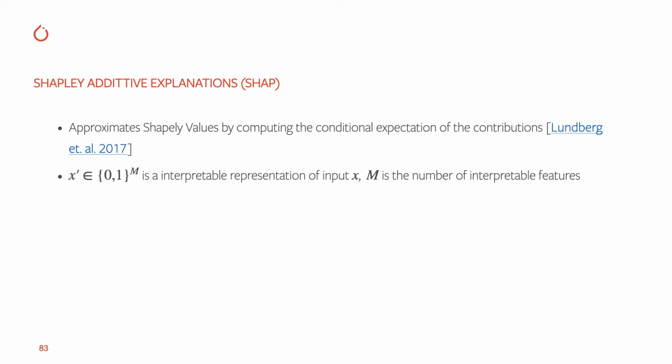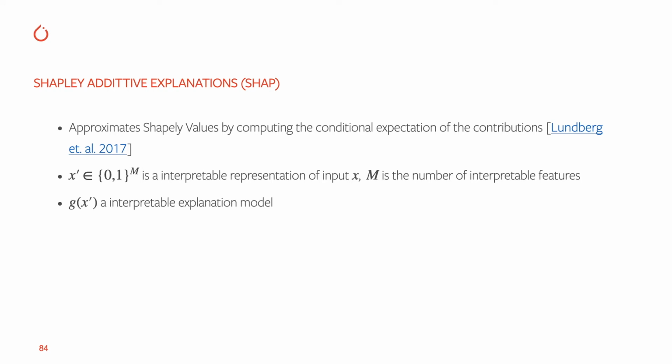So in order to understand SHAP, let's define a couple of variables that we would like to use in the explanation. First we will define x prime. X prime, similar to LIME, is an interpretable representation of input x. It also has a binary representation indicating whether the feature is present or not.